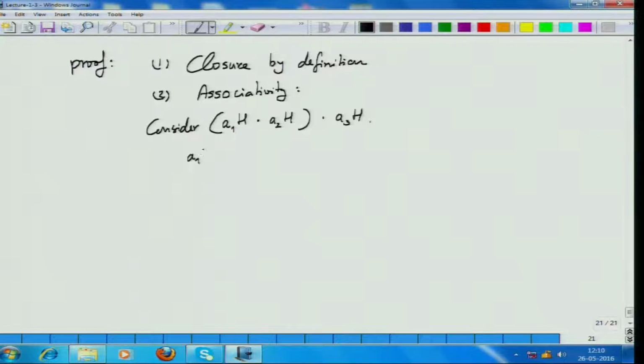A1H dot A2H is A'H, where by definition A1A2 is in A'H.